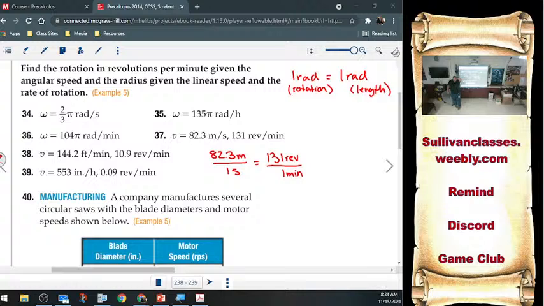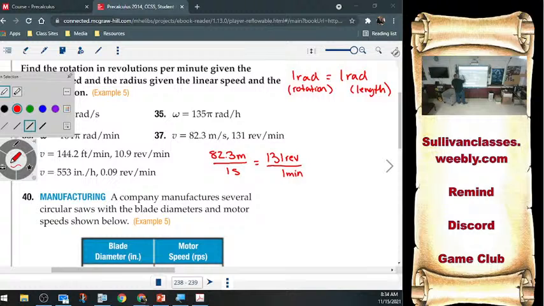I can't compare linear with angular speed if they're not in the same unit of time. So step 1 is to make sure they're in the same unit of time.